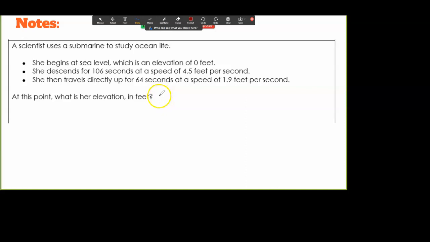Then she travels up for 64 seconds at 1.9 feet per second. Descends means this is going to be negative. Travels directly up is going to be positive.